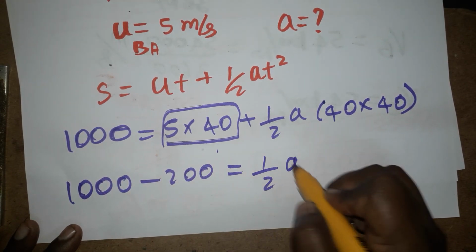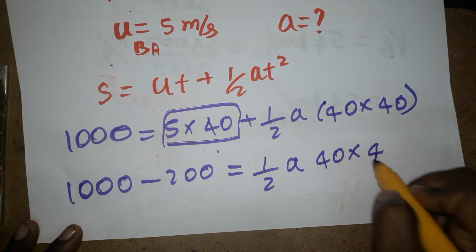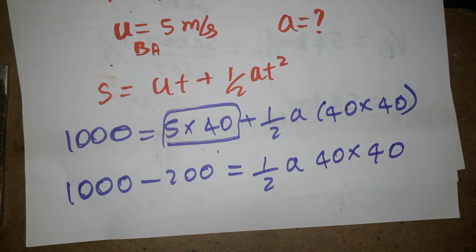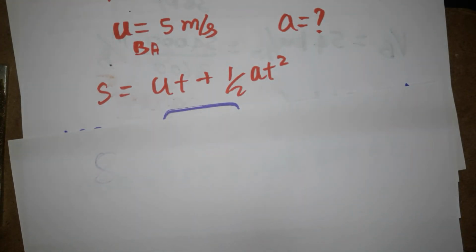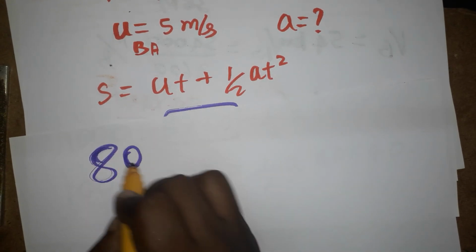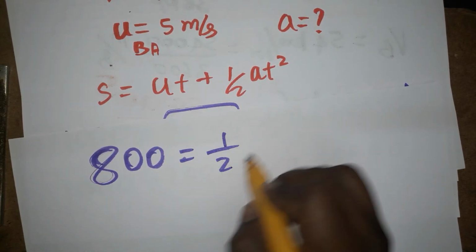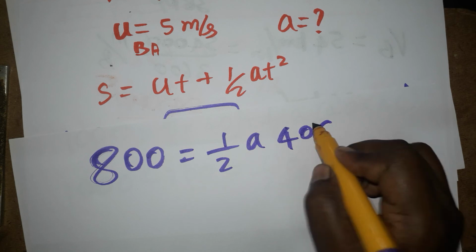So 800 is equal to half times a, 40 into 40.